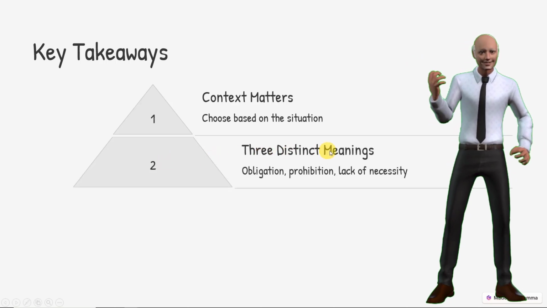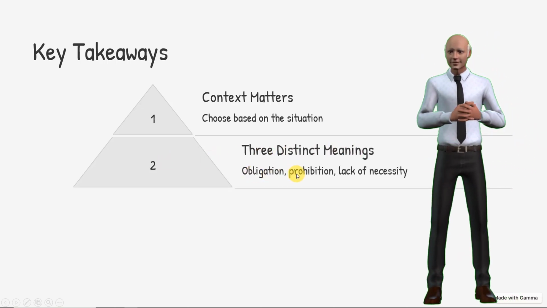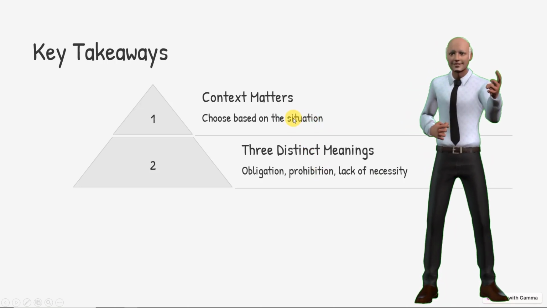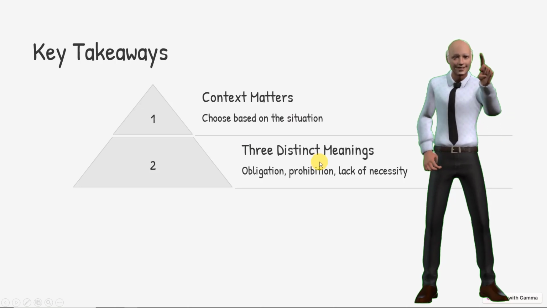Secondly, 3 distinct meanings: obligation, prohibition, and lack of necessity. So those 3 things there are determined by the situation, right? So guys, it's worth it to watch this lesson maybe 2-3 times.